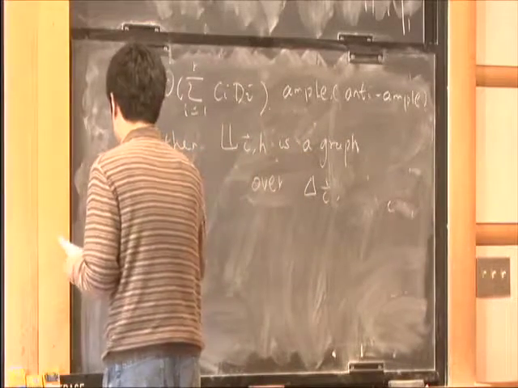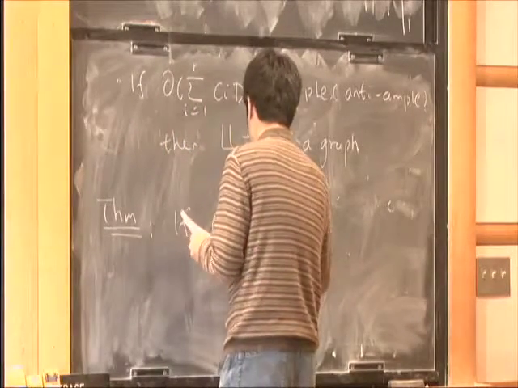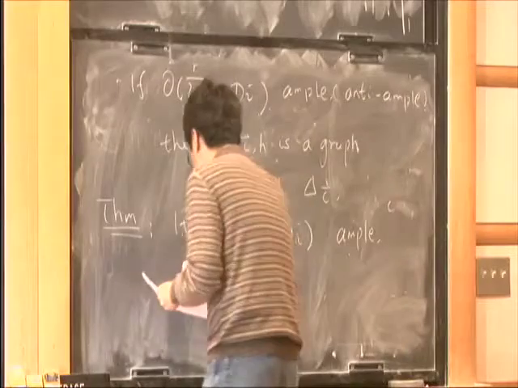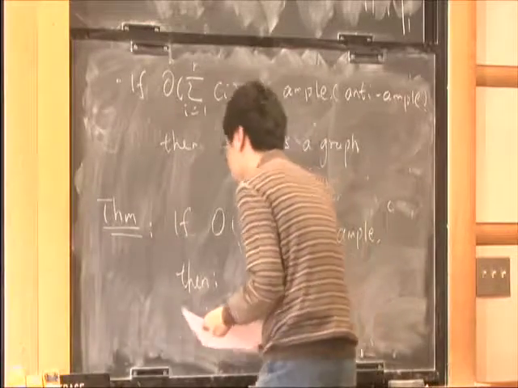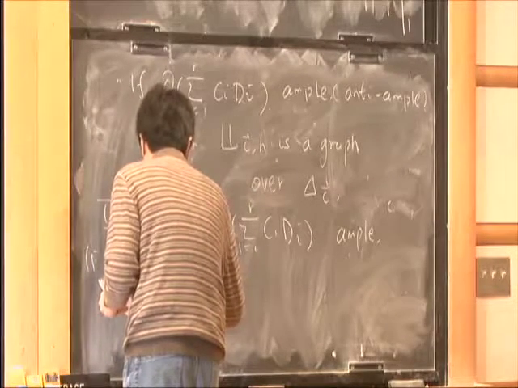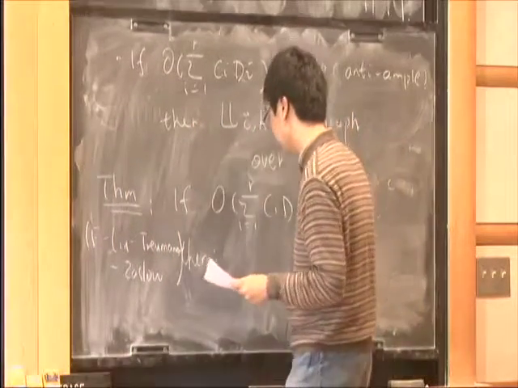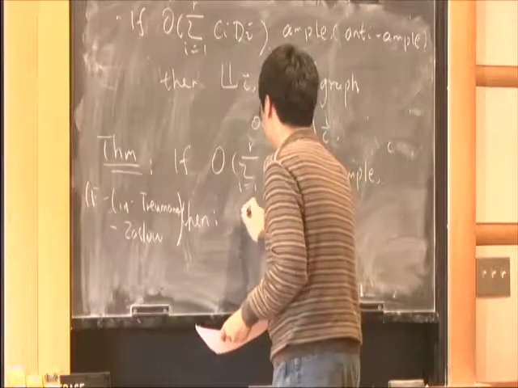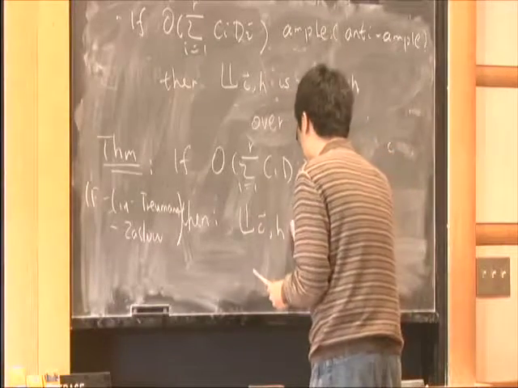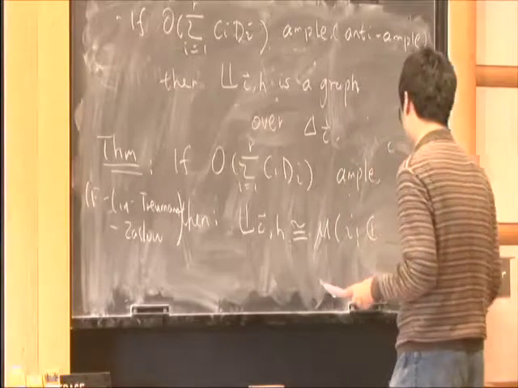So the theorem that we prove is that if sum of C_i D_i is ample, then this Lagrangian is inside the Fukaya category and is quasi-isomorphic to the standard Lagrangian over this moment polytope.